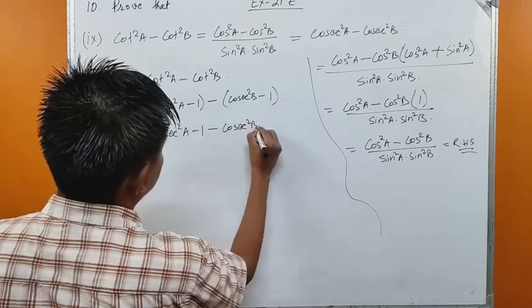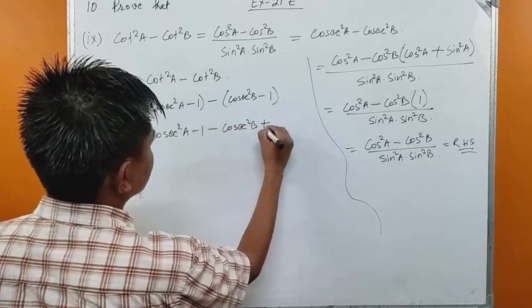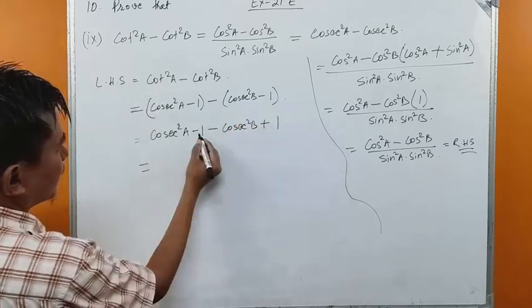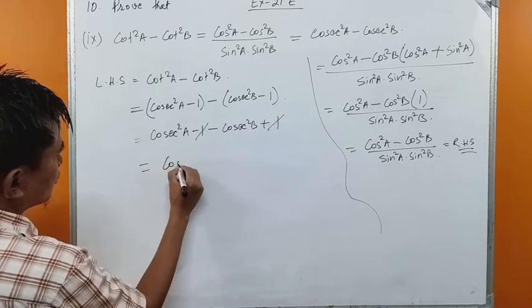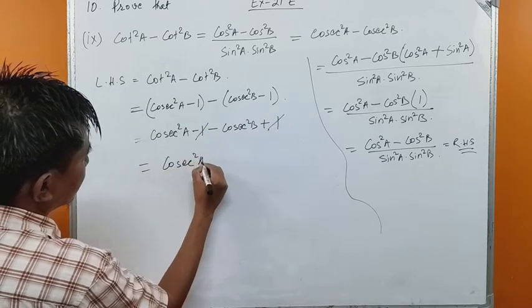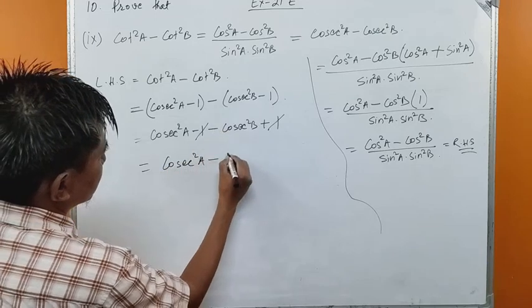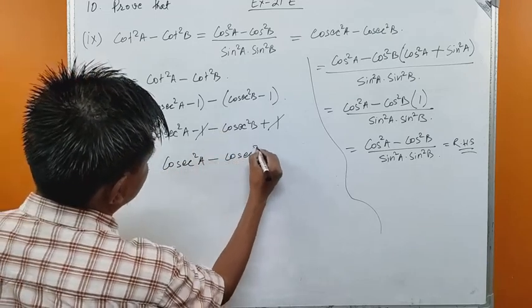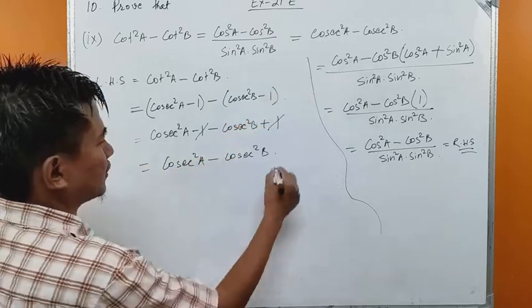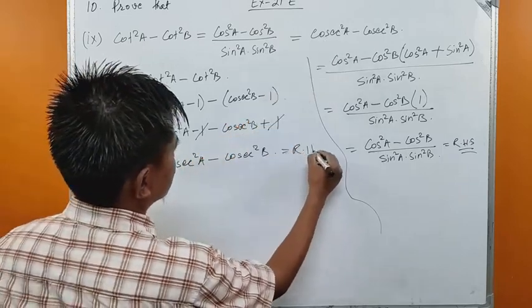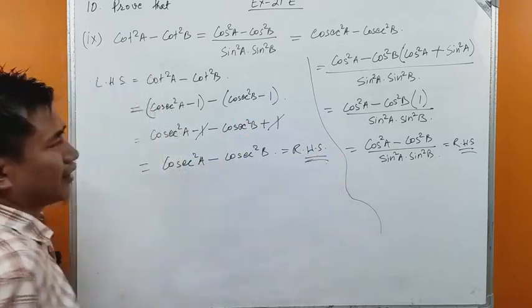Cosec square B. Minus into minus, plus 1. Now we have minus 1 and plus 1. So 0. So cosec square A minus cosec square B. So this is what we were asked to prove. So this equals RHS. Hence proved. I hope you got this.